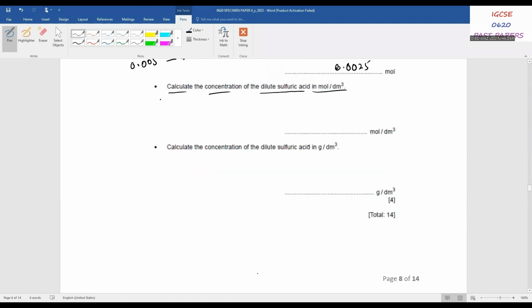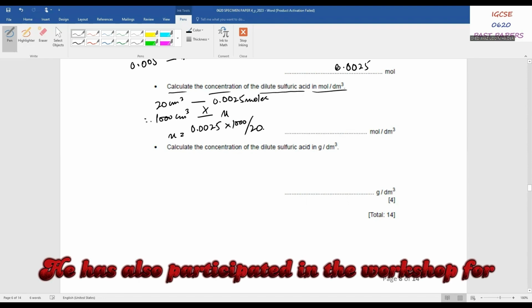So you write 20 cm³ contains 0.0025 moles. Therefore, 1000 cm³ contains X moles. So X is equal to 0.0025 multiplied by 1000 and divided by 20. So the answer will be 0.125 mole per dm³.